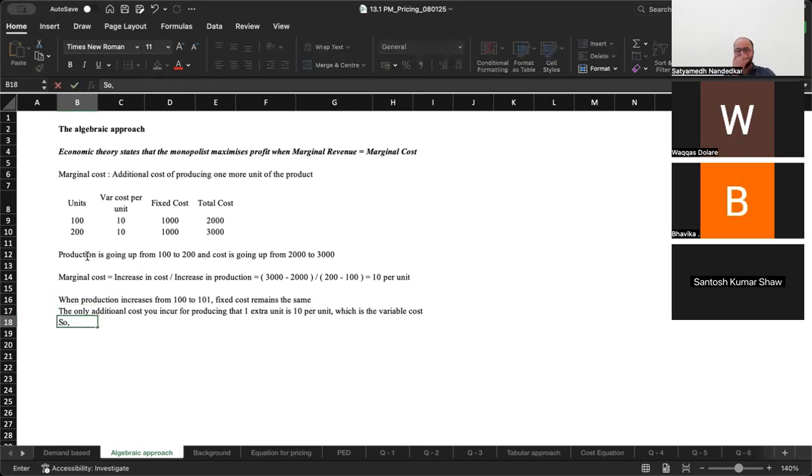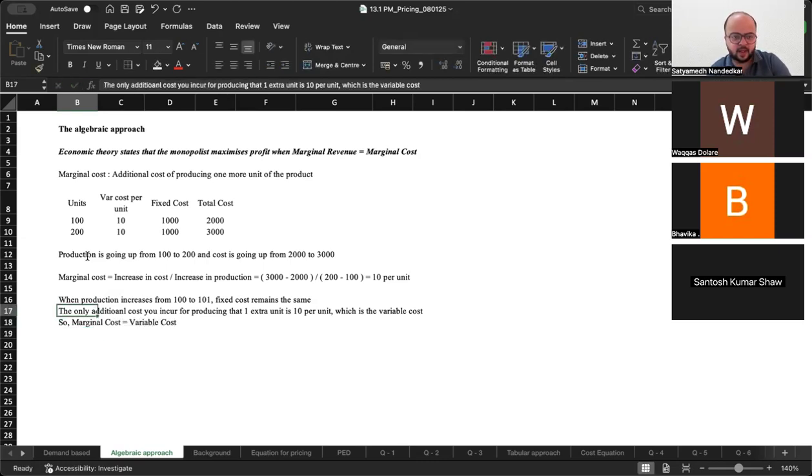So आपका marginal cost is basically equal to variable cost. ठीक है, marginal cost is equal to variable cost.